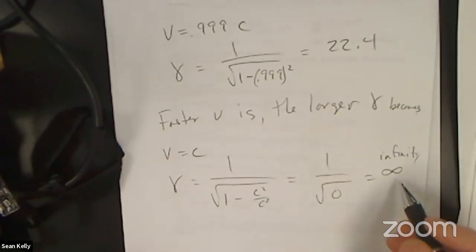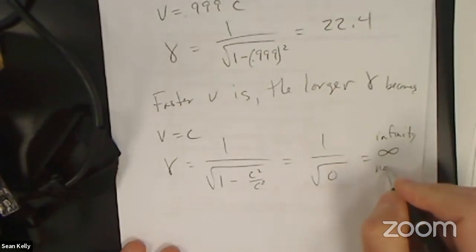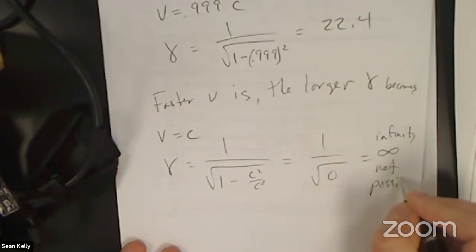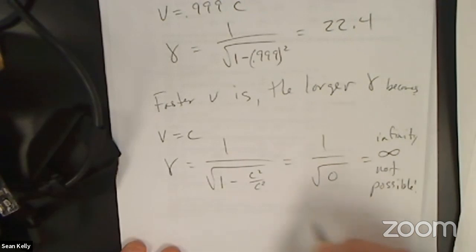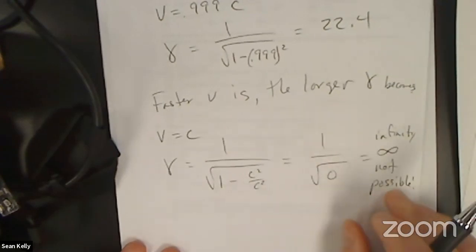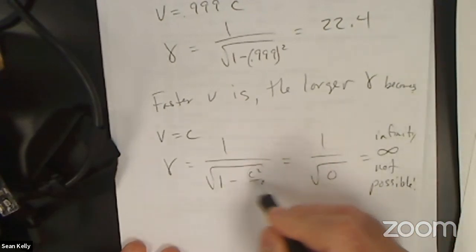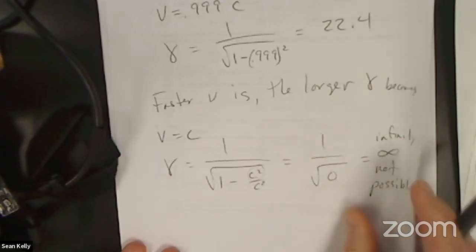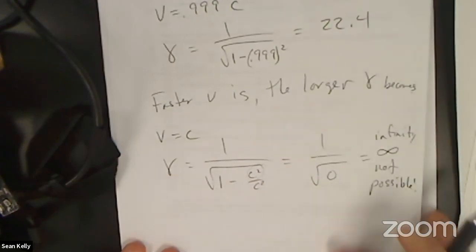Okay, we have a problem. This is not possible. Infinity is not possible. We can't have that. So we're going to learn that you can't go the speed of light, but I wanted to show you that so you can see how it works.